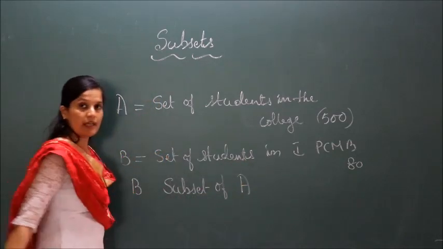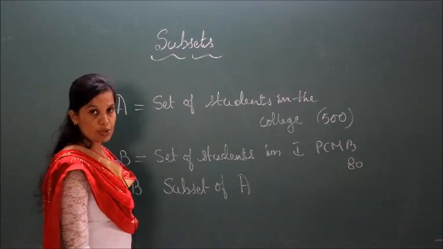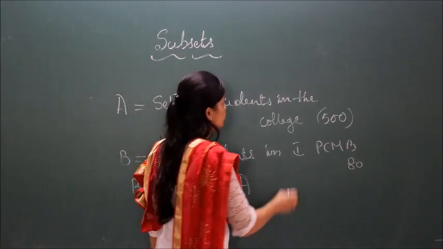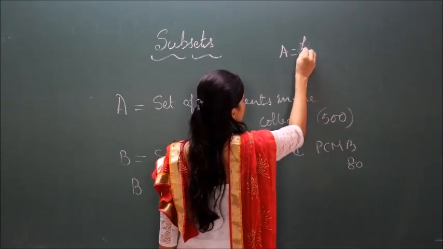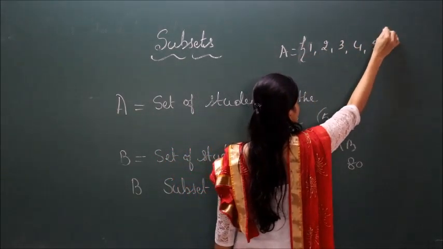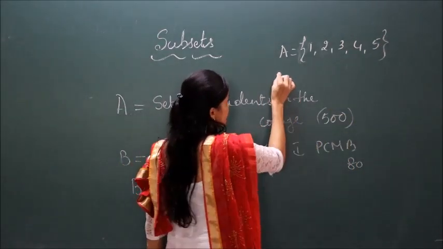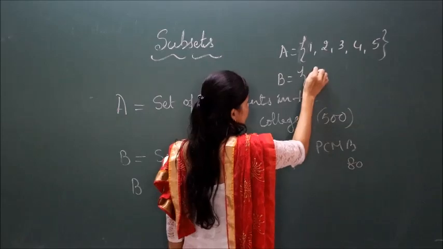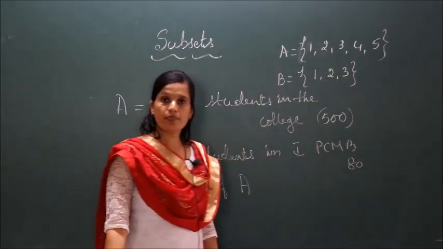of A. One more example in terms of numbers: suppose there is a set A = {1, 2, 3, 4, 5}. This is set A. And there is another set B = {1, 2, 3}.